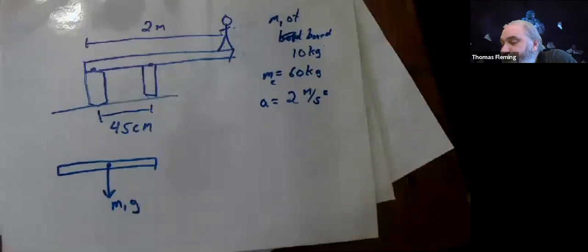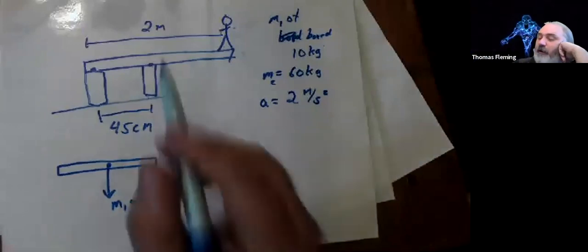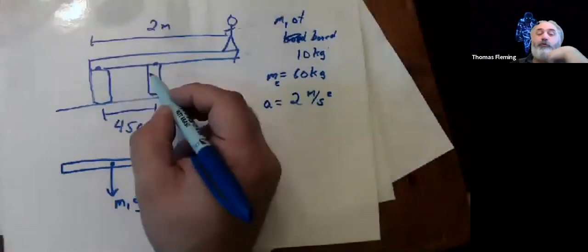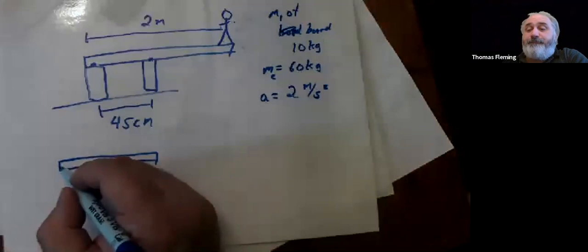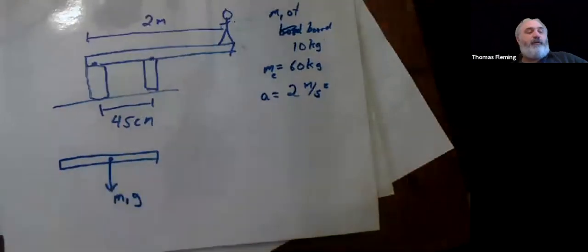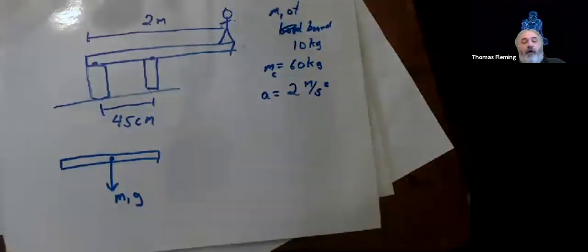Now, in addition to that, there's going to be forces from these two supports. And one force is going to be exerted at the very, very end. What direction is the force going to be from that support at the very, very end?